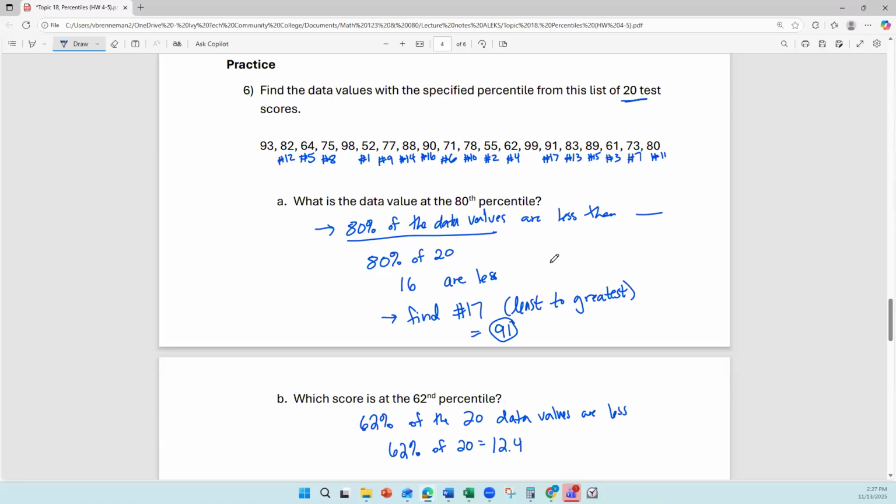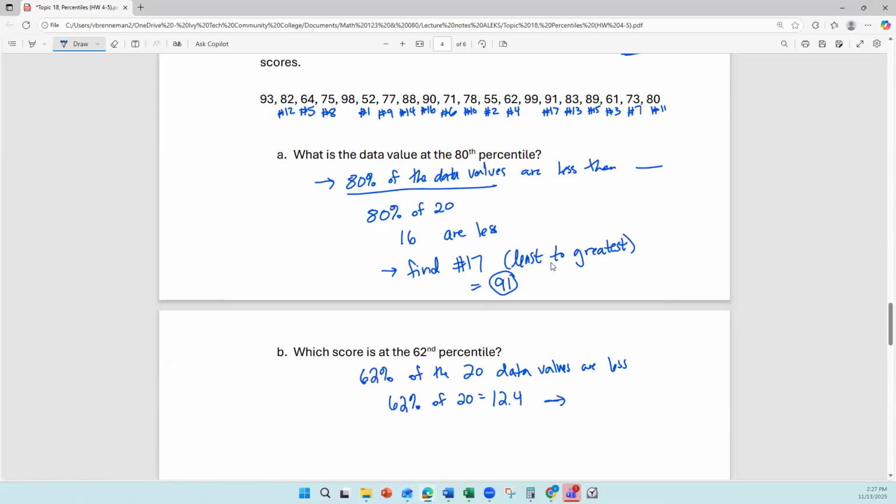So to have 12.4 less, I need to go to number 13. It doesn't matter what comes after the decimal point, whether it was 12, 12.4, 12.9. I go to number 13 that I'm looking for, and I already numbered these. So I find my number 13 was here. So that's 83.